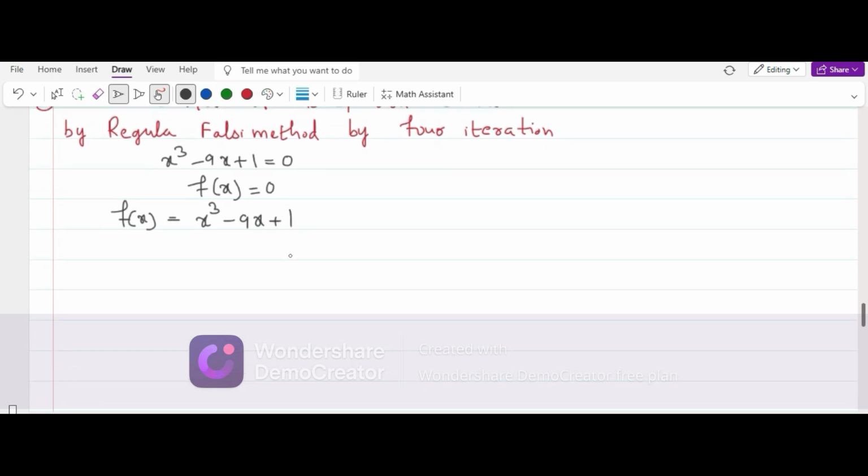Okay, so now we need to find the range in which the given root lies. So ಏನು ಮಾಡ್ತೀರಾ?